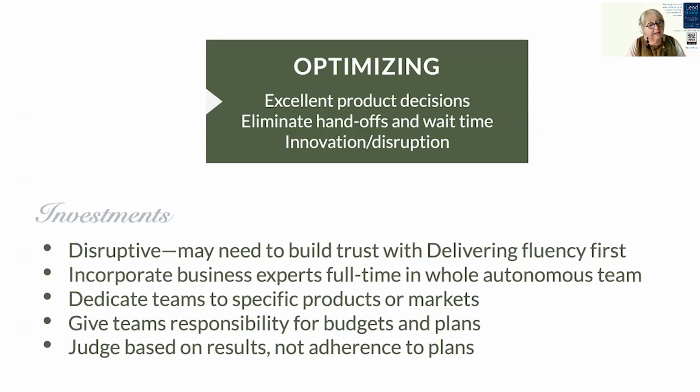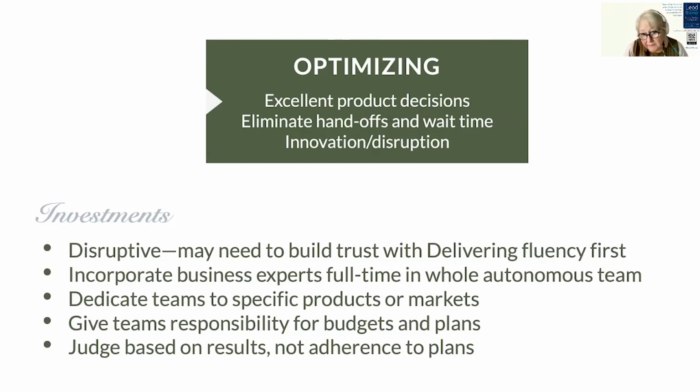And the team probably has responsibility for their own budgeting, their own planning, because they're the ones who understand the customer needs best. They also have to understand the business needs. And so they are optimizing those. That's where we get the name for this. They are jointly optimizing the customer needs and the business needs, and that's happening within the team.